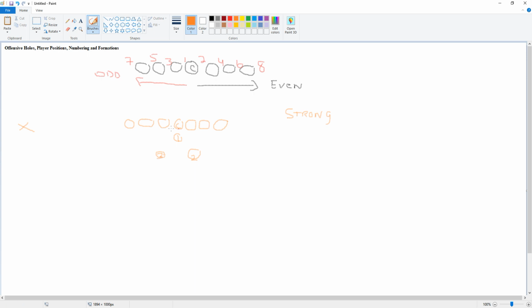So you can guess what this is going to be called. This is going to be called strong left because we have the X out here. Okay? So strong left means he's out here. What happened to our Y who was out here? Well, he slid in, and now he's in a 3-point stance on the line. Okay?